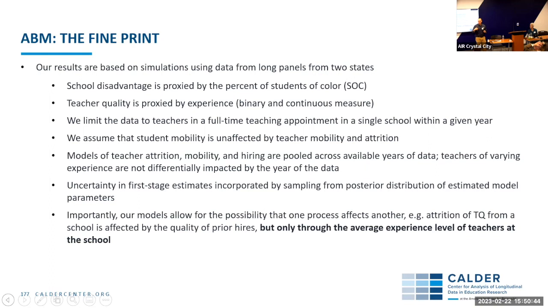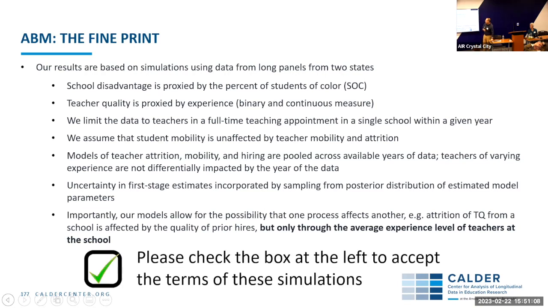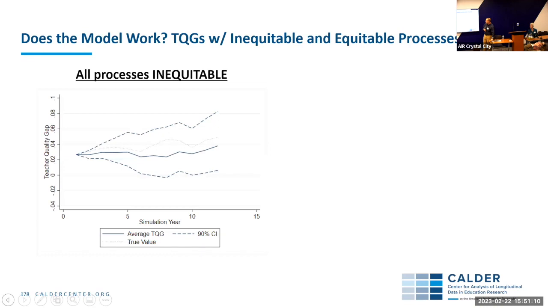We allow the models to affect the likelihood of hiring a novice or experienced teacher, given the composition of the teachers already in the building, but we don't allow for changes in student composition over time, which is probably a limiting factor. So, you accept all those assumptions.